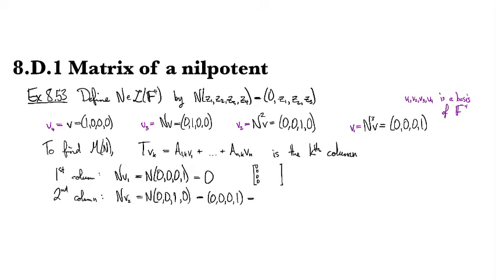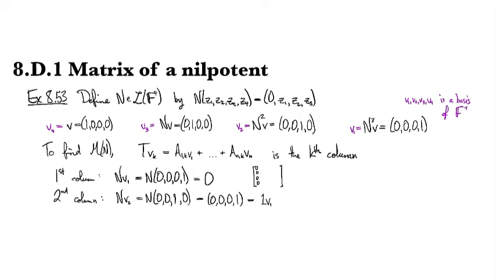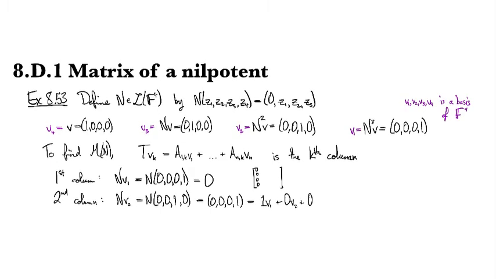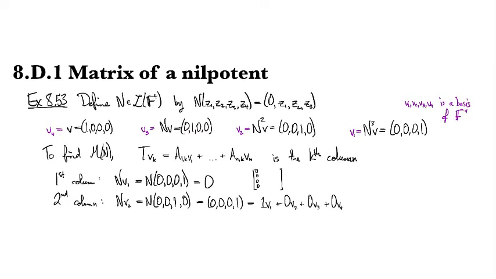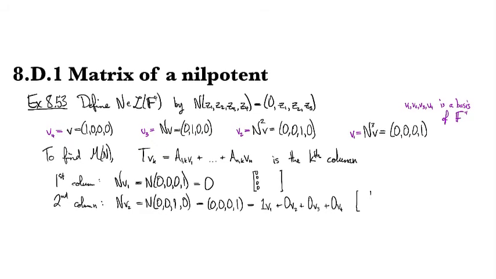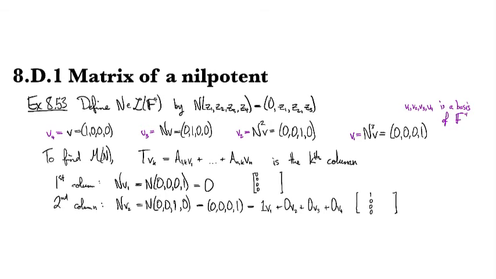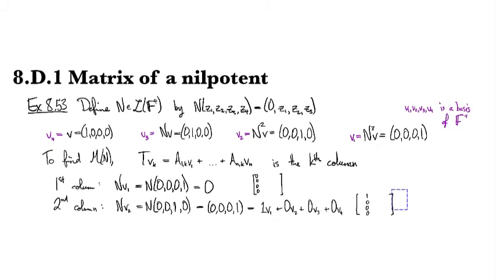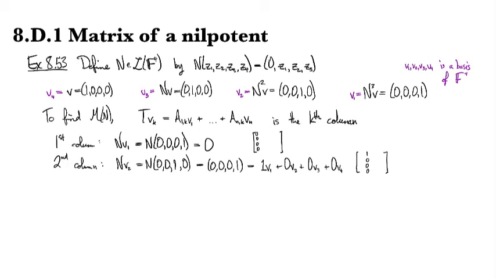So that's the basis vector v1 with coefficient 1 and nothing else. So the second column that we have here is 1, 0, 0, 0.